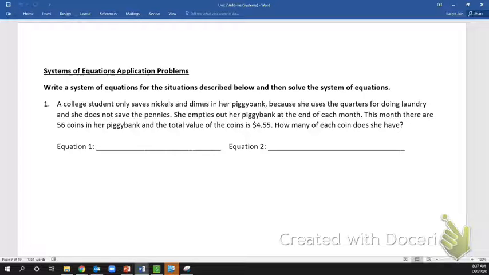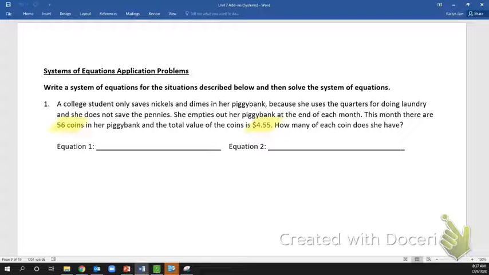So one thing you always want to look for whenever you're given a word problem with systems, you want to look for totals. So in this one, I see two totals. There is a total of 56 coins and a total value of $4.55. They may not use specifically the word total, but any values they give you that are totaling something up, those are the ones you want to look for.